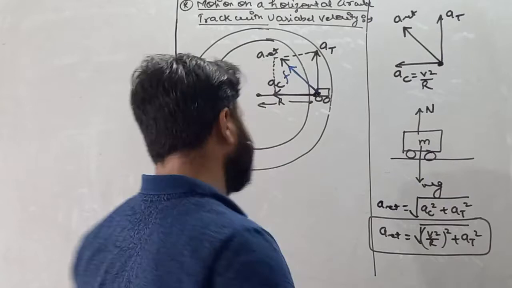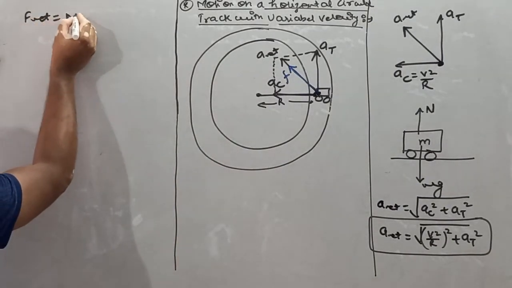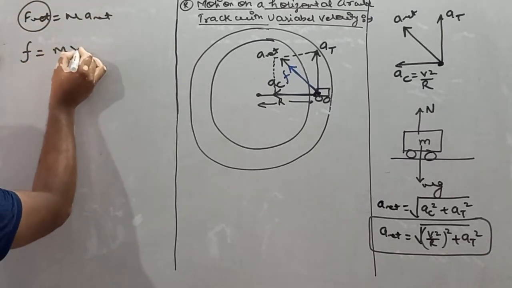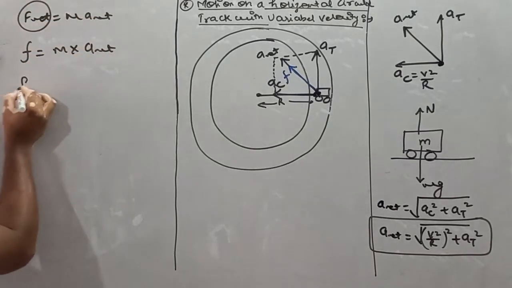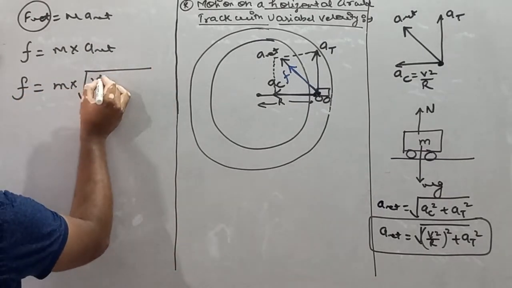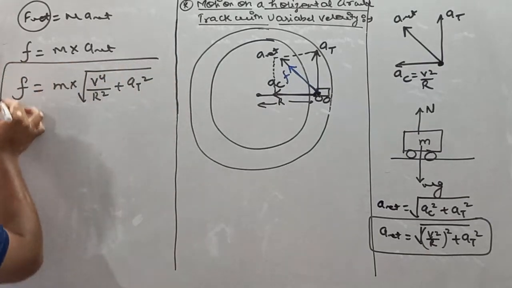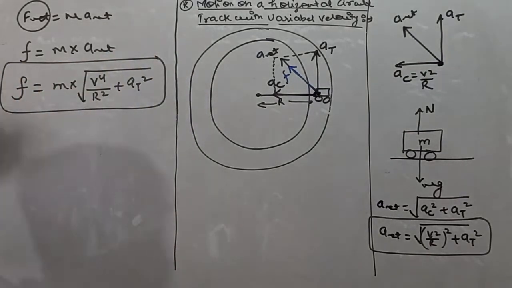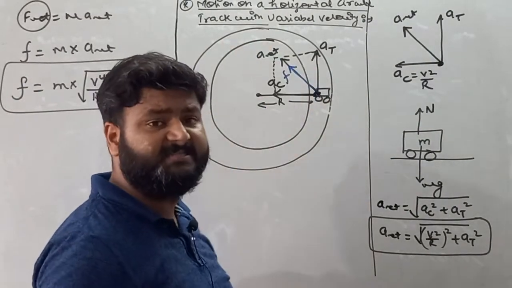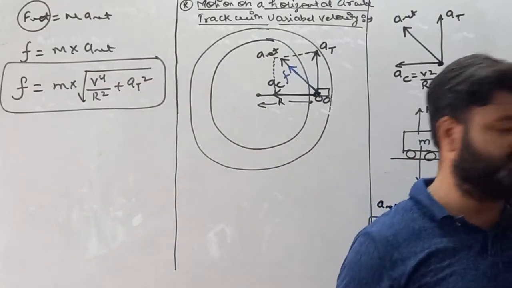Now see, my dear student, as we know, F net is equal to m a net. So here F net is friction, it is equal to m a net. So we can write friction is equal to m into under root v raised power 4 by r square plus AT square. This is the equation of force, because here we are talking about net acceleration, because we have two accelerations in two different directions, my dear student.